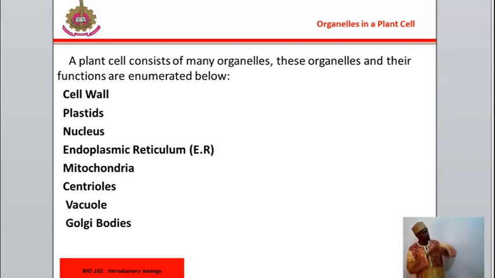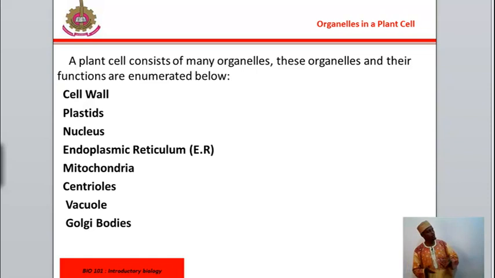The cell wall, as I said, is the outermost layer. A type of plastid is the chloroplast, the organelle that controls the synthetic activities of the cell. The nucleus has the general control of the cell because it contains the genetic material.